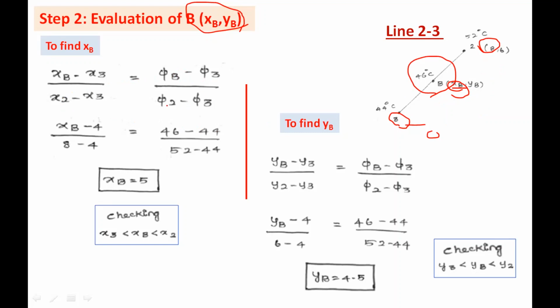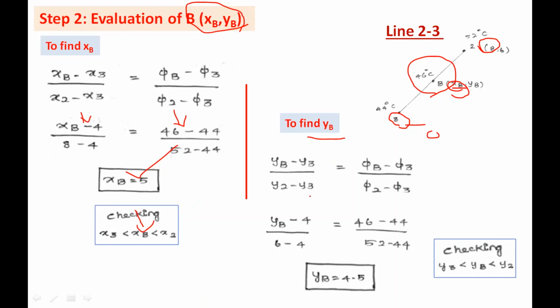Now we write pi b minus pi 3 divided by pi 2 minus pi 3. Substitute the nodal coordinates and the nodal parameters. We get xb equal to 5. Checking also, this xb value should be in between the x3 and x2 values. That is satisfied.